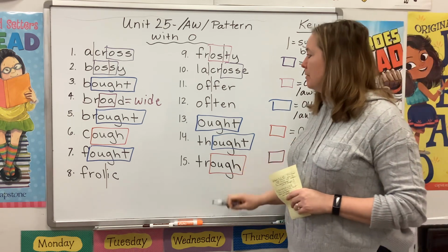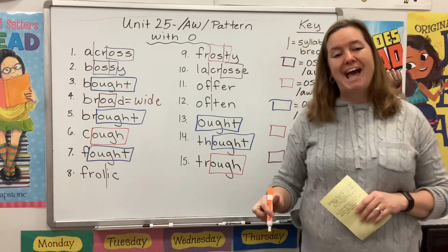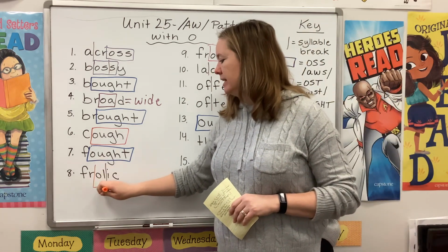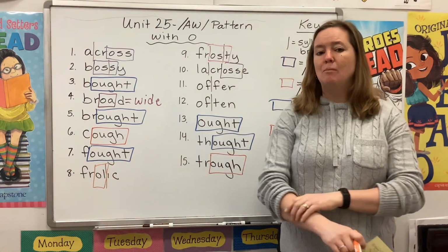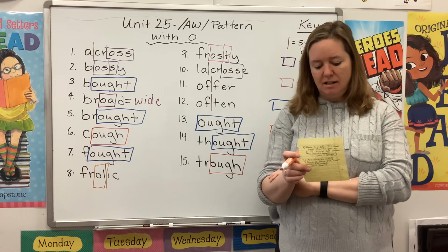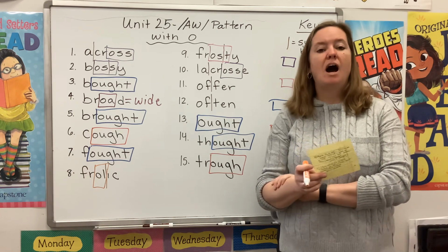All right. Now, we also have 2 more patterns. We have the OL in frolic. I think you guys are already familiar with the OLL pattern in words like doll, pollen, dollar, hollow.